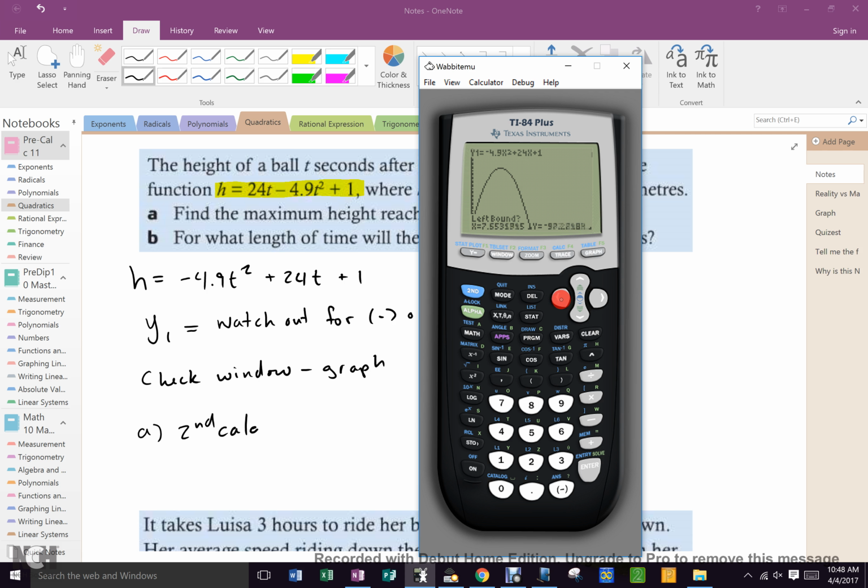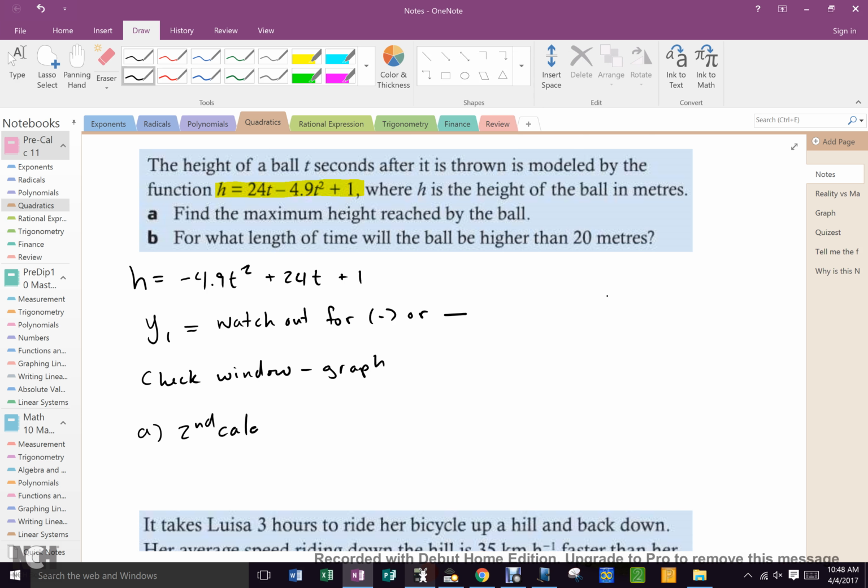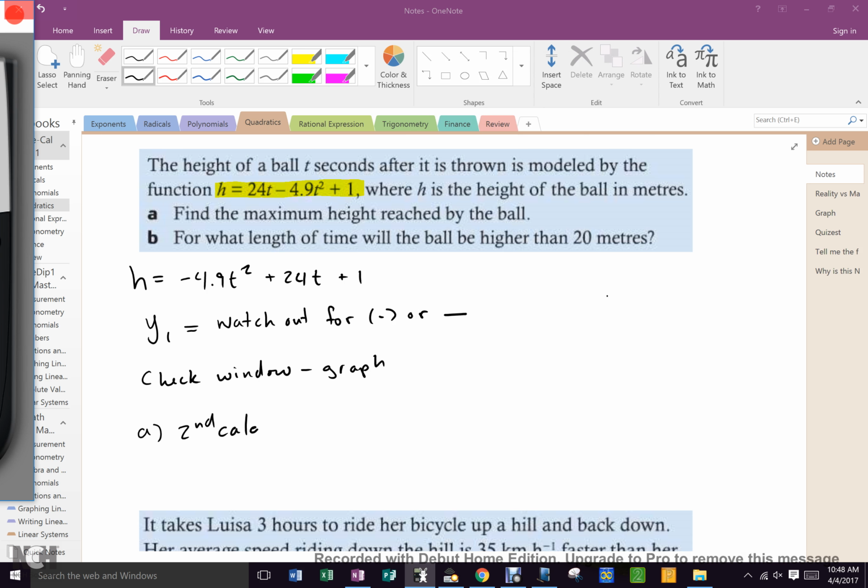It was a bounce question, yeah. Or a drop question, I can't remember. So there's my cursor. I'm looking for my left boundary. How far to the left do I have to go? Soon as it's gone over the hump. Enter.